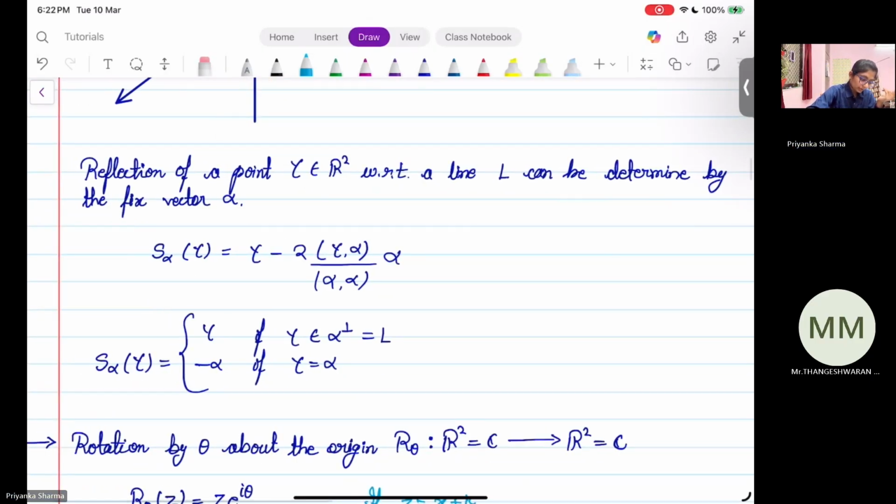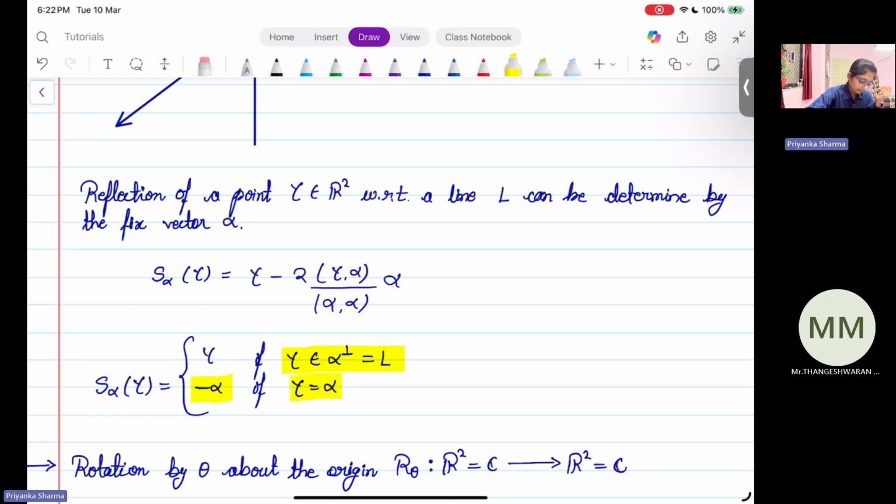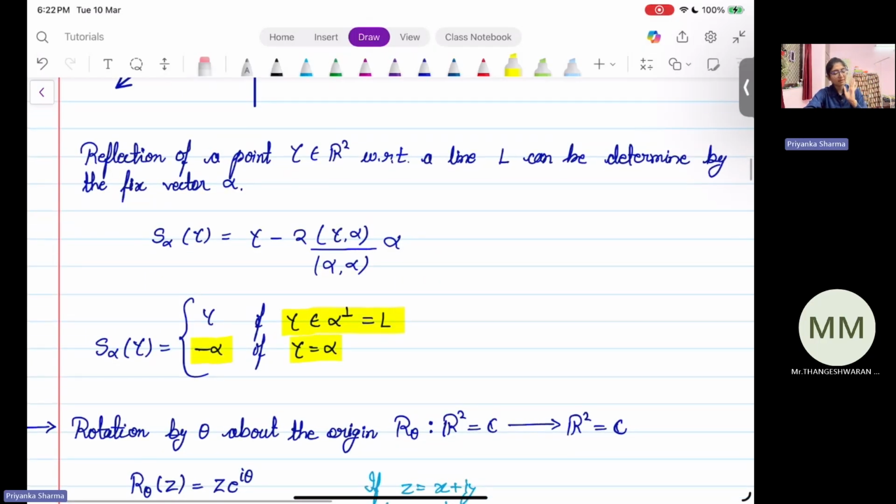Okay. Now you can also calculate that if gamma and alpha are the same, then reflection of gamma will be simply minus alpha, and if gamma belongs to the line, then S alpha gamma will be gamma, that is, S alpha will work as the identity in that case.